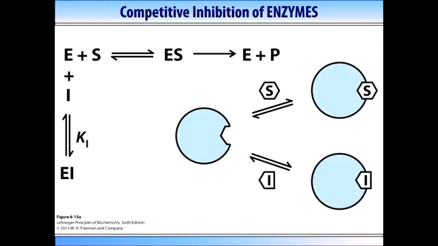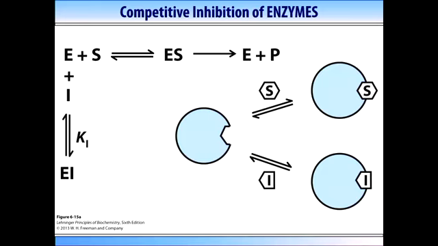Let's talk more specifically about this type of inhibitors. Again, first, the most popular is the competitive type of inhibition. So we have the same equation of the enzyme plus substrate turns into the ES complex, enzyme and product. And basically we have an inhibitor. Because the inhibitor binds to the same place as a substrate, the same active site, essentially what happens is it decreases the effective concentration of the enzyme.